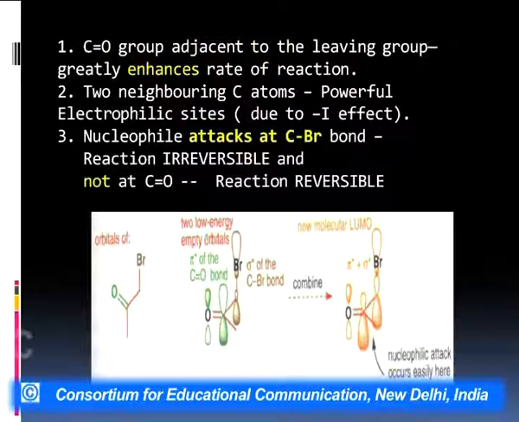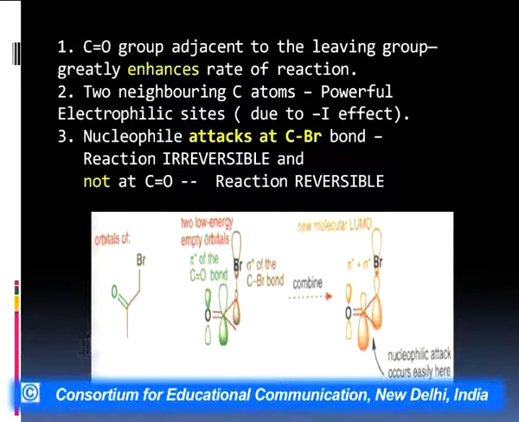Now we look into a substrate where there are two electron withdrawing groups on adjacent carbon atoms. What we find here is that there is a carbonyl group present at the alpha position to a carbon which is holding the bromine.